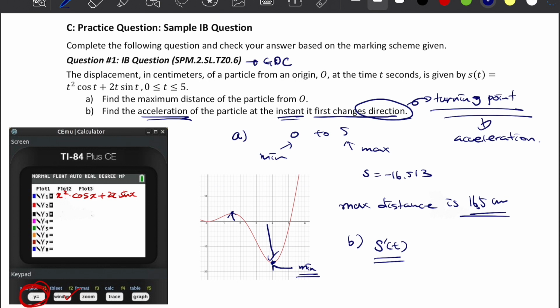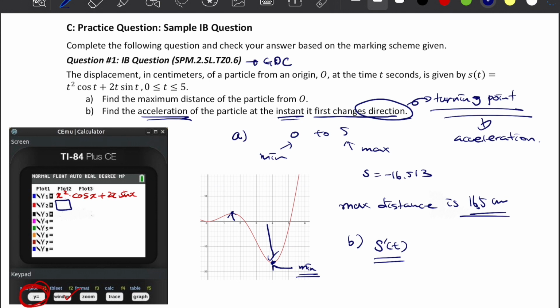In order to differentiate s of t, instead of showing you how the GDC works, I'm going to give you the keystrokes to follow. First, place your cursor in Y2 of the Y equals tab on your GDC.